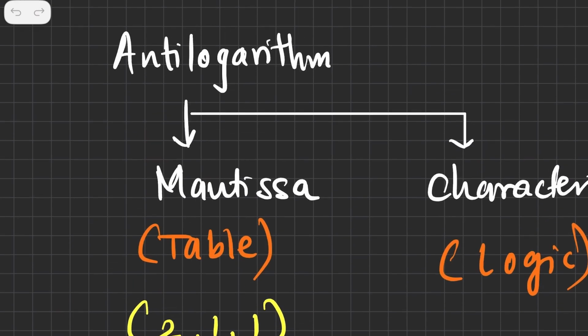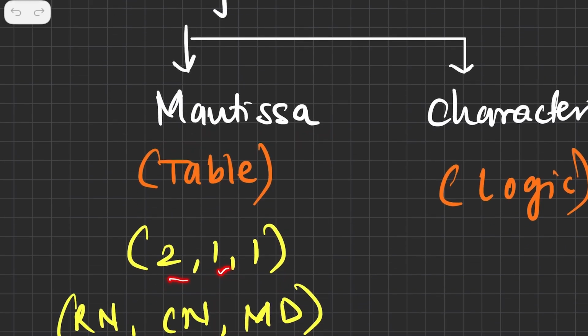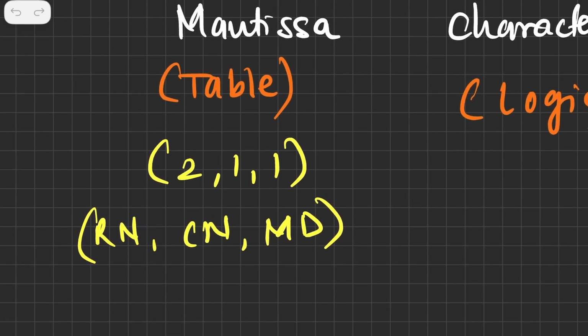But for the anti-logarithm, you find the mantissa after the decimal. So this 2, 1, 1 should start from after the decimal, even if the number is 0. Very quickly we'll come to that part. The first two digits are the row number, the next digit is the column number, and the last digit, the 4th digit, would be your mean difference.